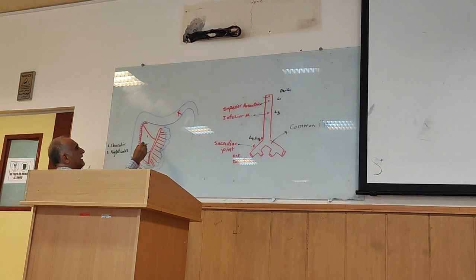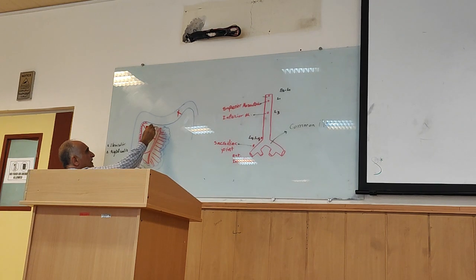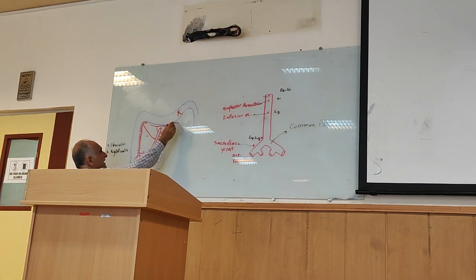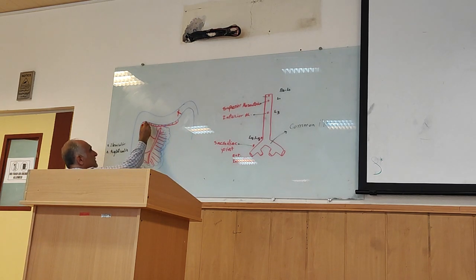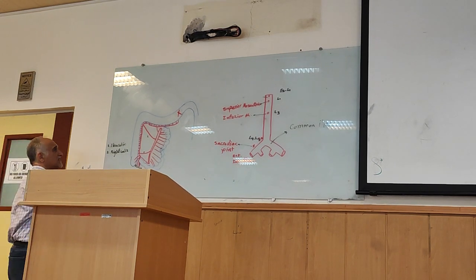The last branch of this goes up and reaches the transverse colon, divides into right and left branches and supplies all the right two-thirds of the transverse colon.